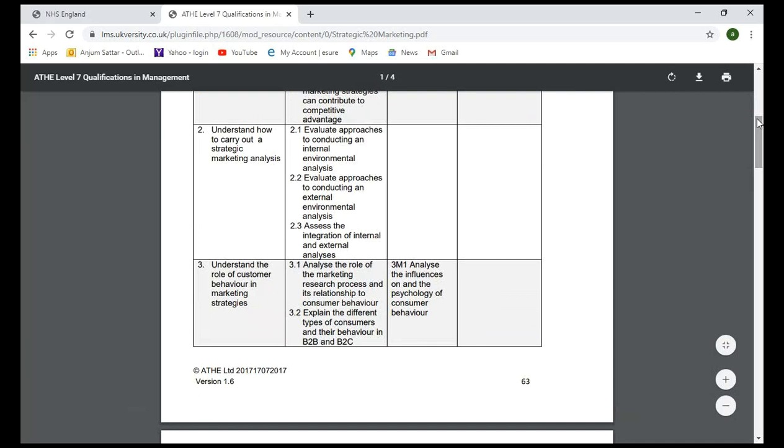So last lesson we discussed the role of marketing research, the process, and consumer behavior. We discussed primary research, which means first-hand information, and secondary research, which is second-hand data, also published and tested. We discussed the advantages and disadvantages of both sorts of research, and we discussed B2B. What does B2B stand for? Business to business.